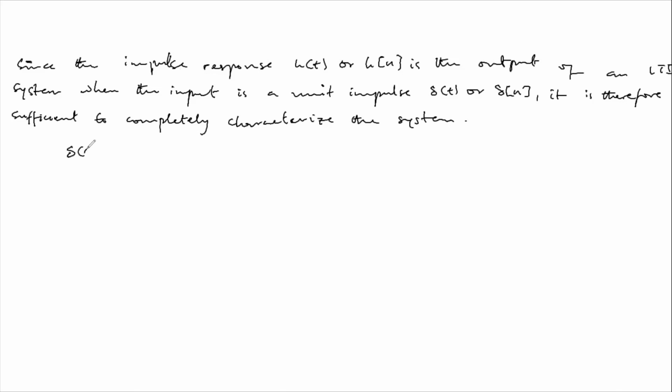The impulse delta of t goes into a continuous time LTI system, giving h of t, and delta of n goes into a discrete time LTI system, giving h of n. So once the impulse response is known, then the system's response to any input can be evaluated by convolution.